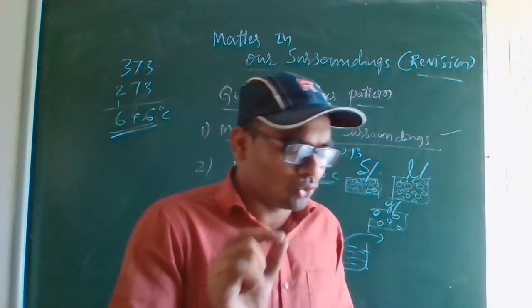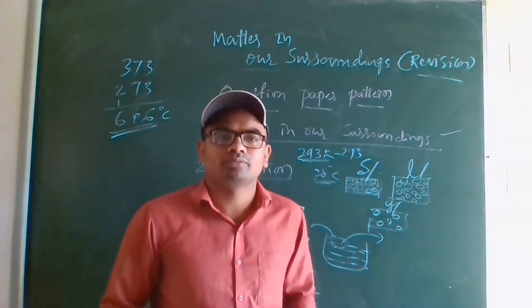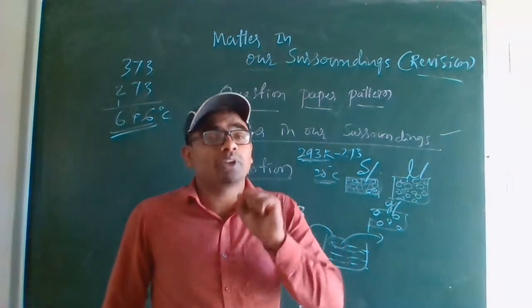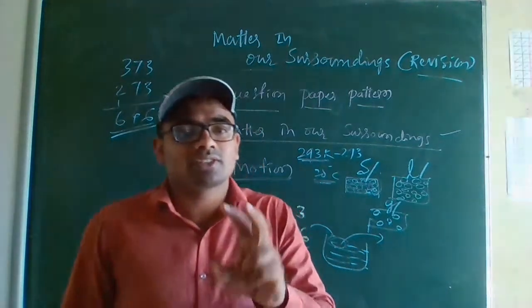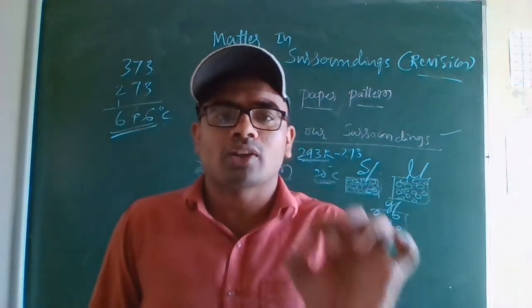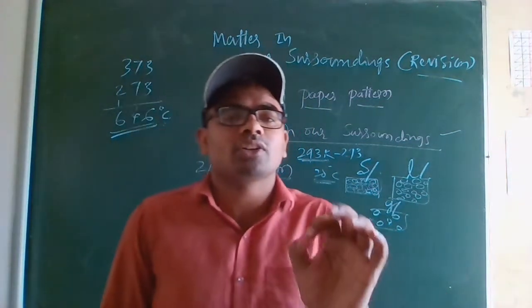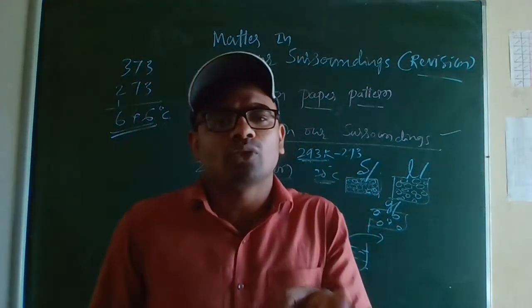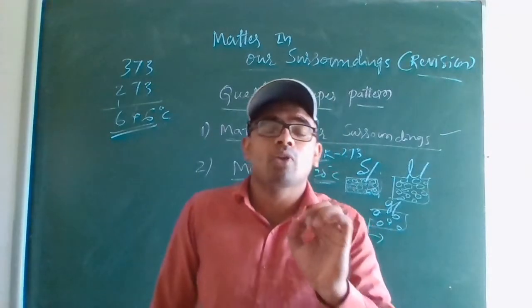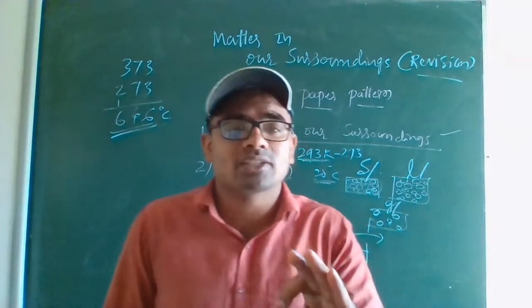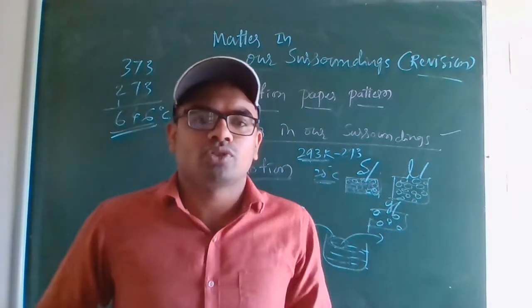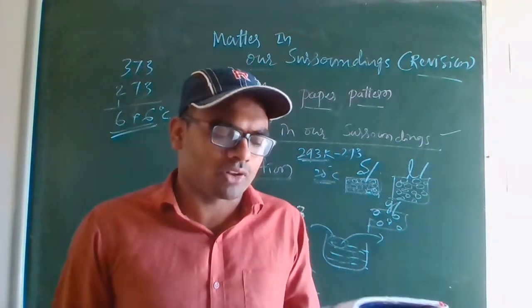Water at room temperature is a liquid. Two reasons: at room temperature water flows, and it has no fixed shape but has a fixed volume. These are two properties of liquid, so water at room temperature is liquid.